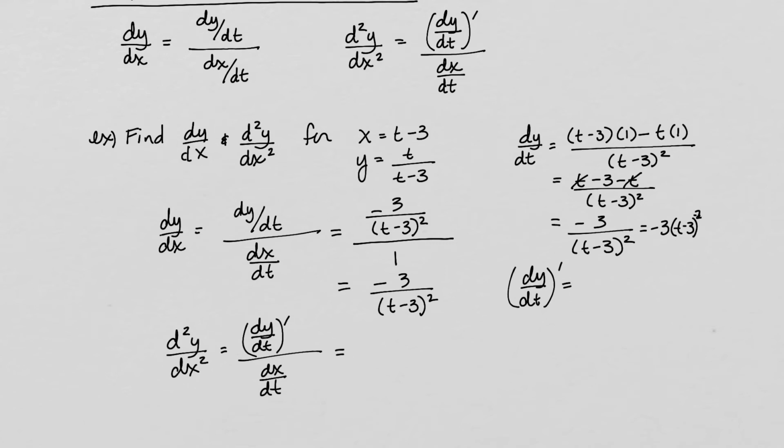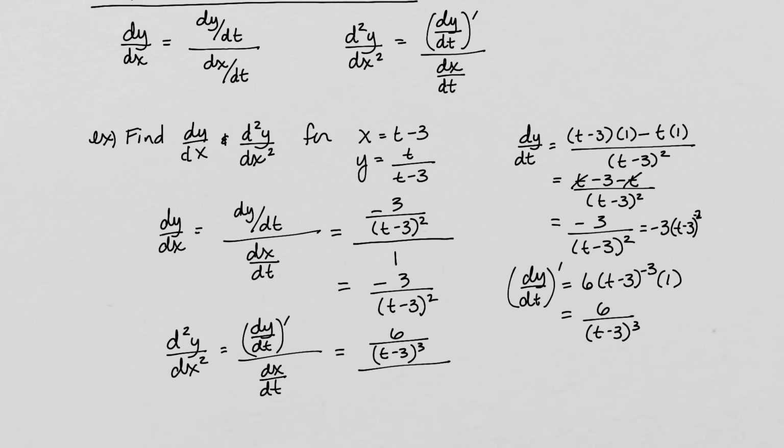The negative 2 would come down, and we'd end up with 6 times t minus 3 to the negative 3, times the derivative of the stuff inside, which in this case is just 1. So this is 6 over t minus 3 cubed.